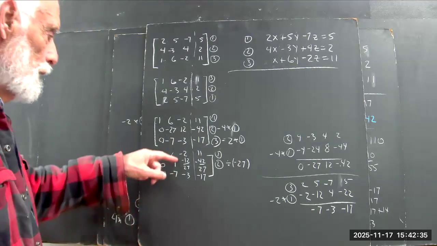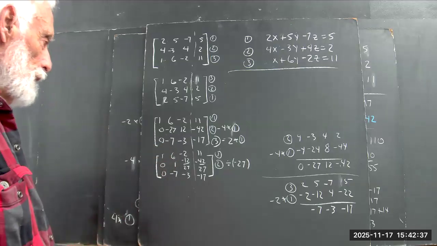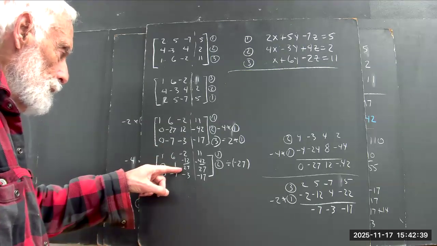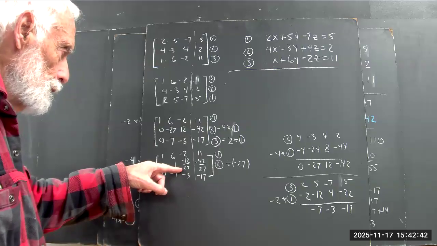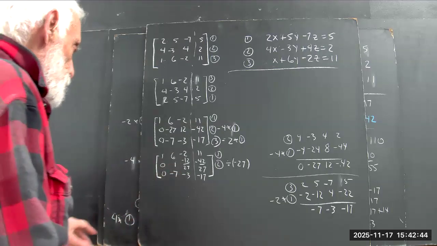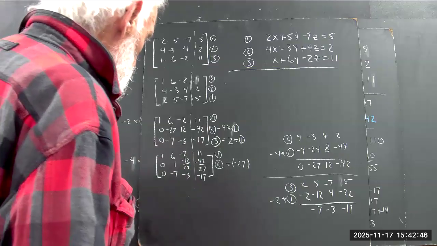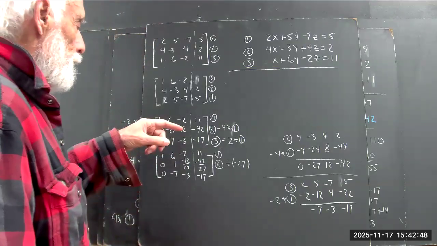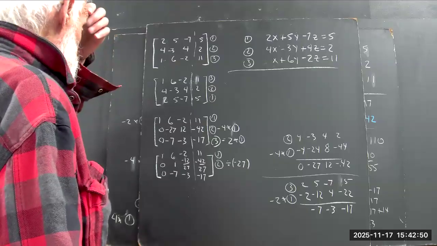Okay, now -12 over 27 turns out to not quite be as bad as it reduces down to -4/9. And -42 over 27 reduces to -14 over 9.